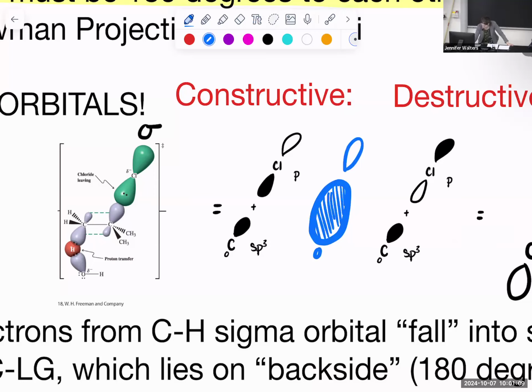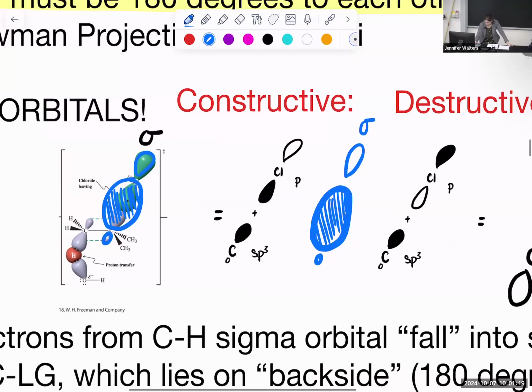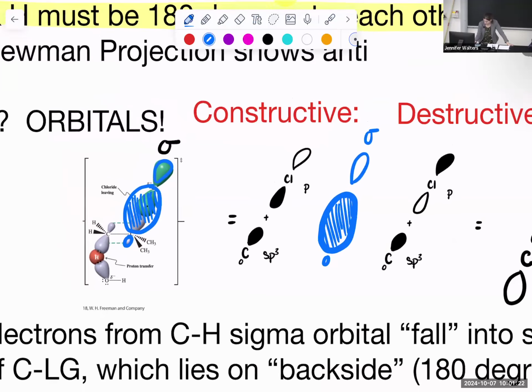That is your sigma bond, where you get that big orbital overlap in the middle, and the back orbital in the little side, right? That is your sigma.